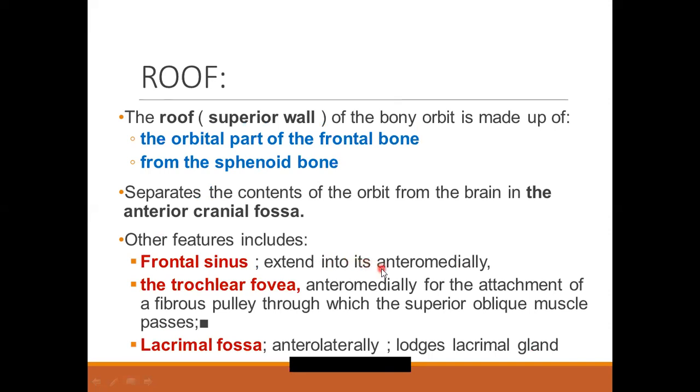The frontal sinus extends into it anteromedially, the trochlear fovea anteromedially for the attachment of the fibrous pulley through which the superior oblique muscle passes, and the lacrimal fossa lodges the lacrimal gland.